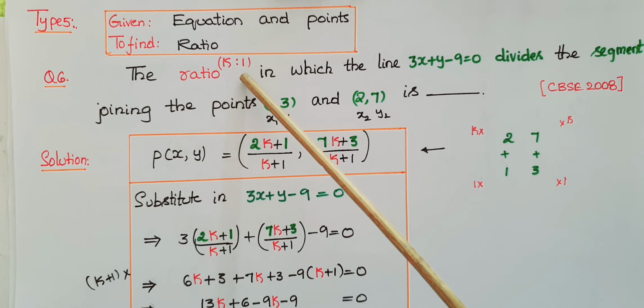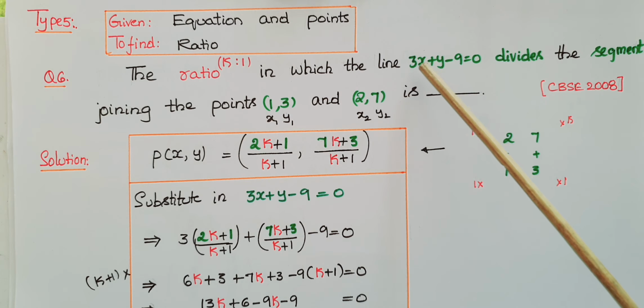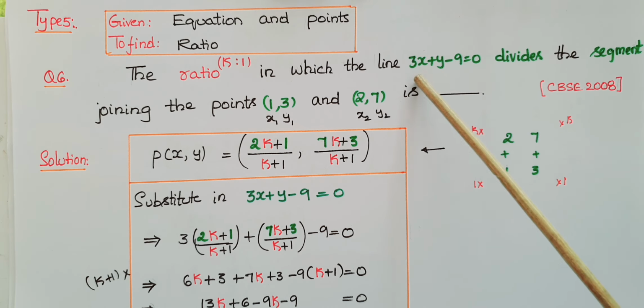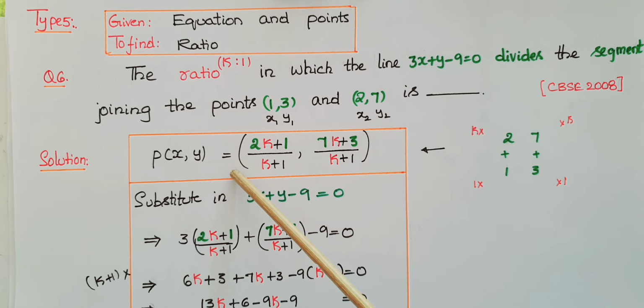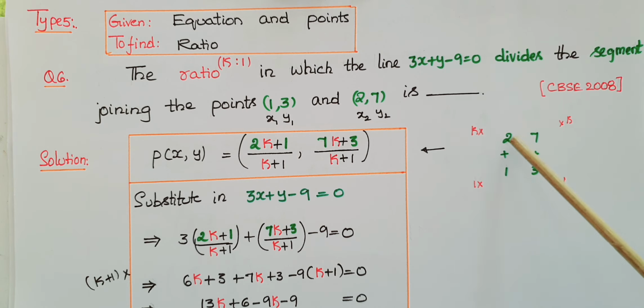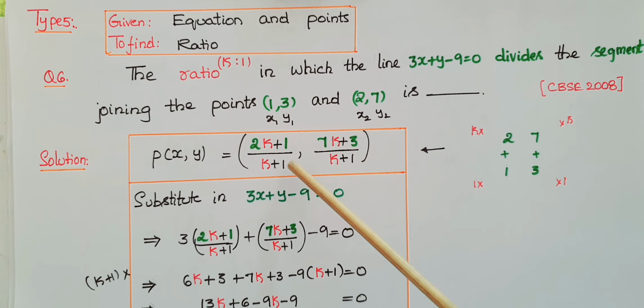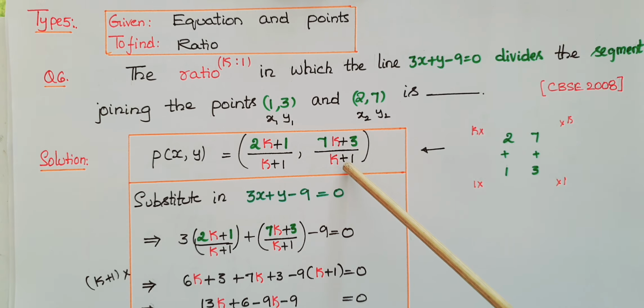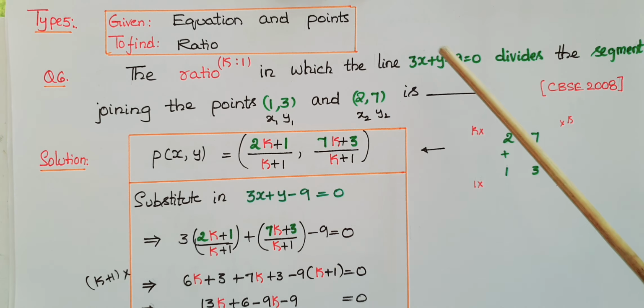We have to find this, and we have to assume the point on this line, that is P(x, y), equal to, we can write by using the ratio k:1 and the coordinates (x2, y2) and (x1, y1), (2k plus 1) by (k plus 1), comma y coordinate is (7k plus 3) by (k plus 1). These are x, y coordinates of this point on the line.